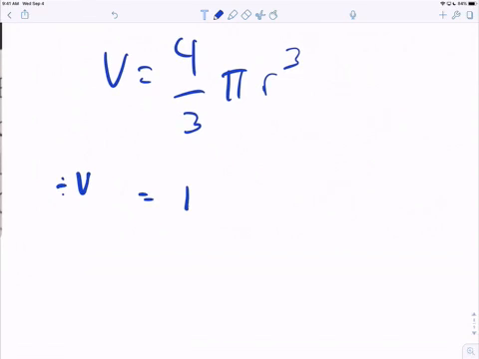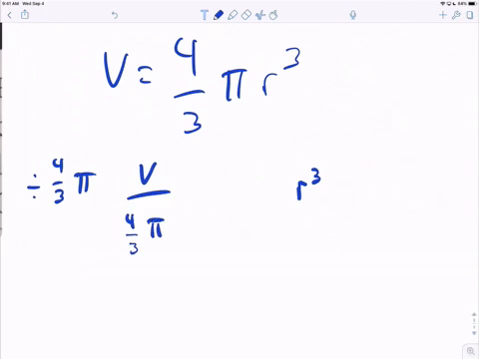Oh, actually, no, we've got to solve for r. Sorry. So we need to divide both sides by 4/3 pi, and we get volume over 4/3 pi equals r cubed.